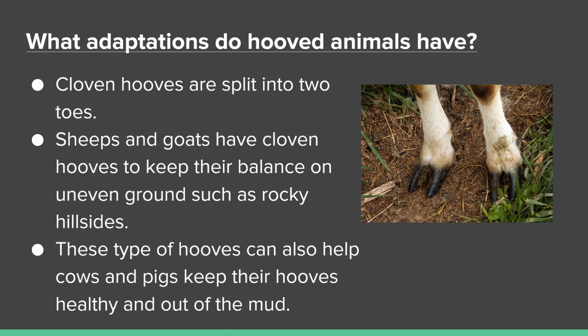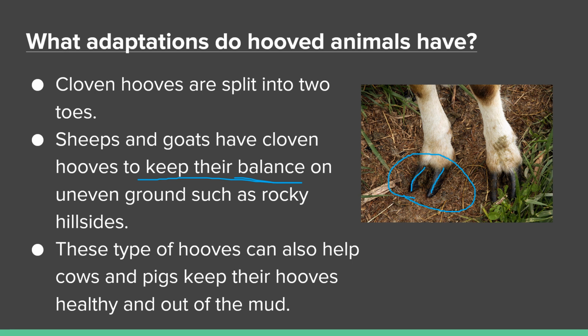And lastly, we're going to talk about a few adaptations for hooved animals. Okay, cloven hooves, like we mentioned in the notes, are those that are split into 2 toes. If you could see a little bit more closely there, you could see 1 toe here and 1 toe here. But these cloven hooves are good for 2 reasons. They help them keep their balance on uneven ground such as rocky hillsides, which is good because oftentimes sheep and goats are living in an area with very uneven surfaces, and if they can't catch their balance, they'll tumble down.